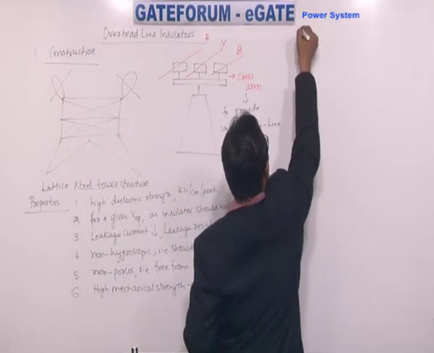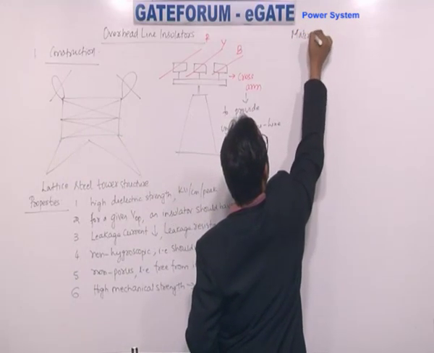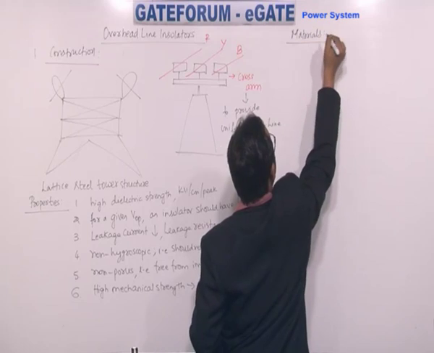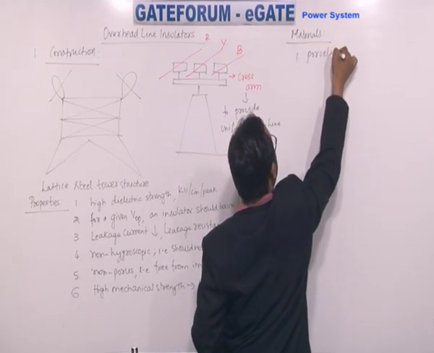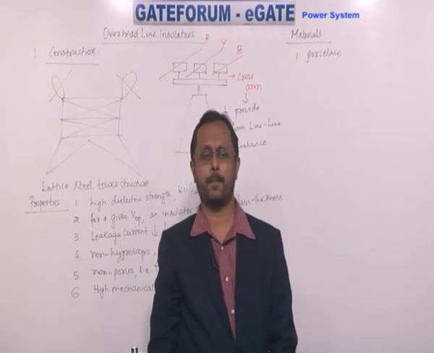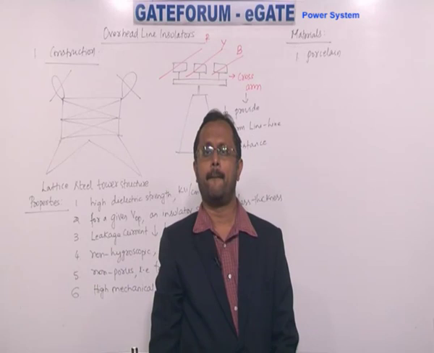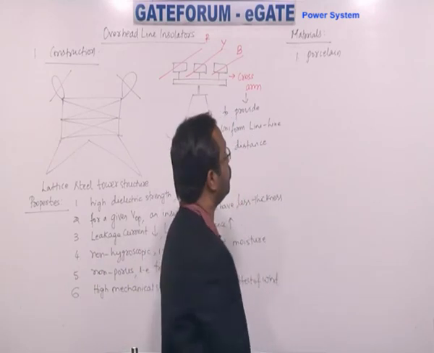Now we check what materials are used as insulators. The most commonly used material is porcelain. And what is the composition of porcelain?